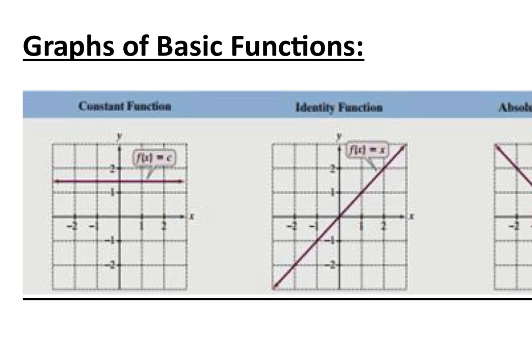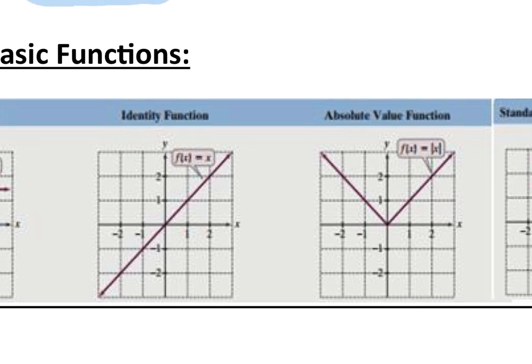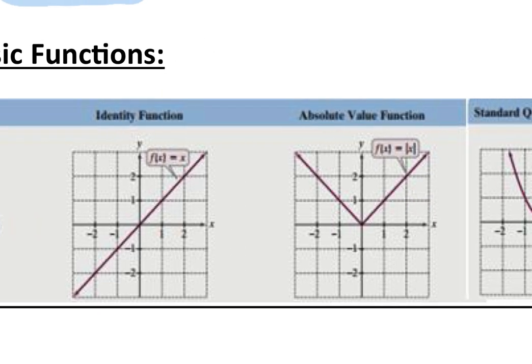The next one we have is our identity function. This is the basis for all linear functions. All linear functions are of the form f of x equals x. And all of those things that we do to it, slope, y-intercept, those are all just basic changes to this basic function.